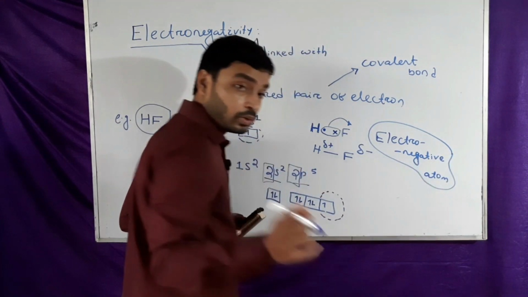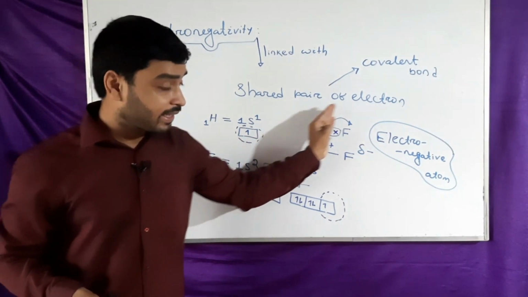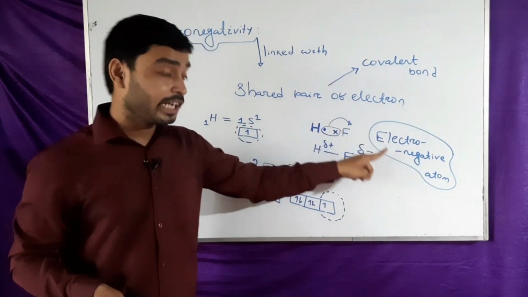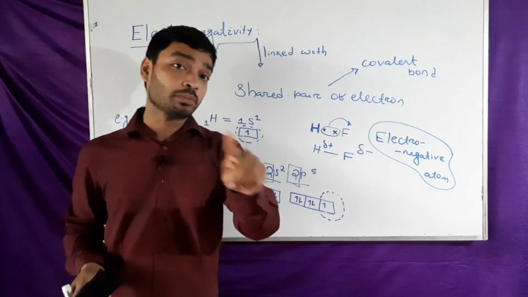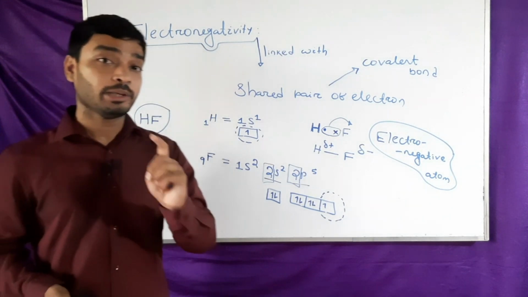So we can say it another way: the atom which has the tendency to attract the shared pair of electrons towards itself is called an electronegative atom, and the tendency of the atom to attract the shared pair of electrons towards itself is called electronegativity.